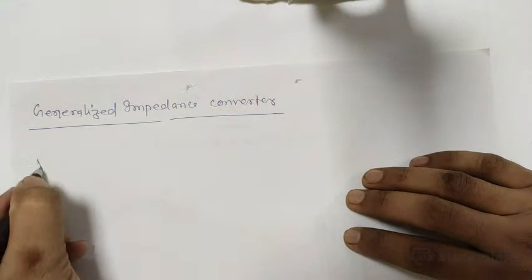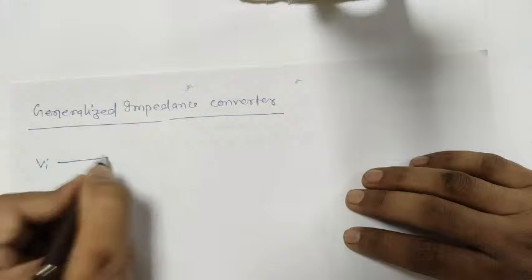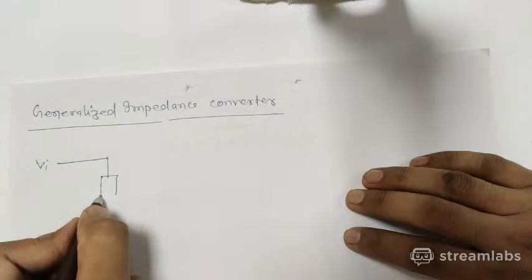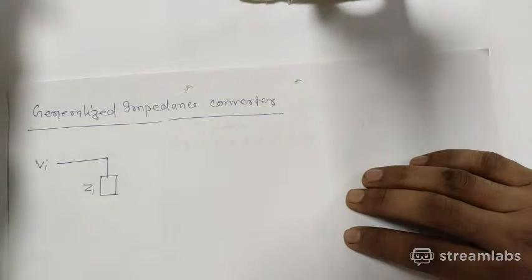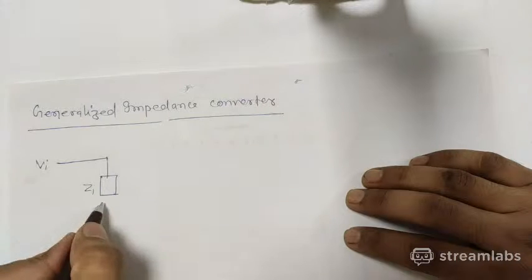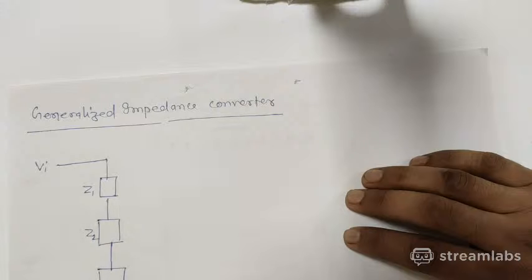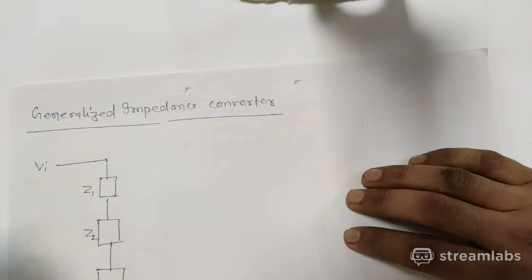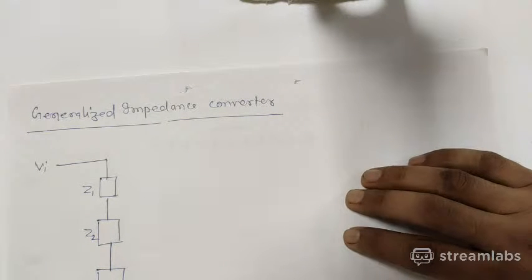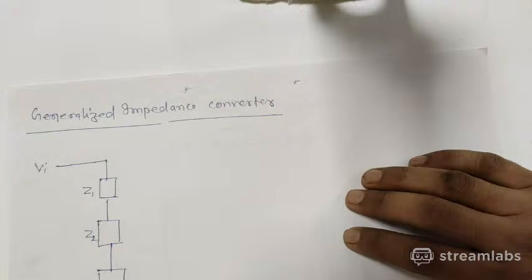The circuit for this is you give input from this point, and there is impedance Z1, and there is another impedance Z2, another impedance is Z3, and another impedance Z4.